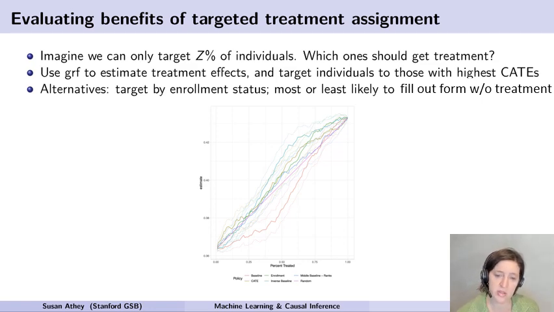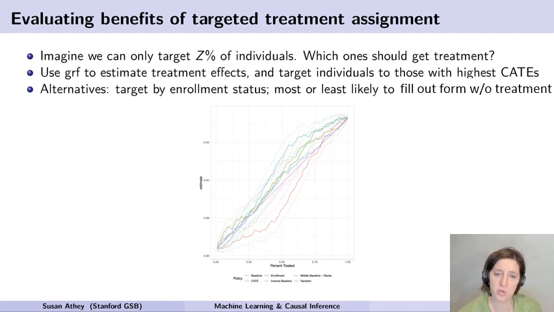But it turns out here, that's this red line here, that's significantly worse than just targeting randomly. So we don't want to target people who had a baseline predicted probability of not filling out the form. On the flip side of that, this kind of aqua line up here, that's targeting people who we predicted were already pretty likely to fill out the form.